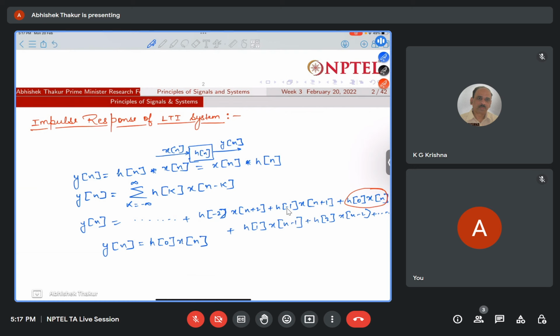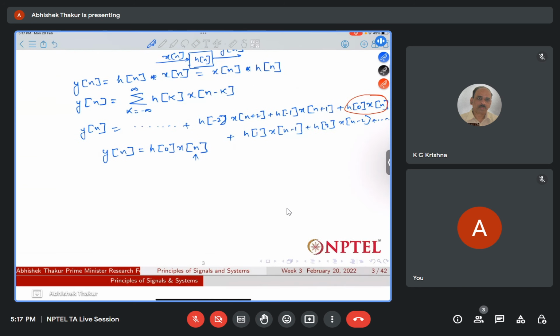That way the system is memoryless: it does not depend on any past or future input value.